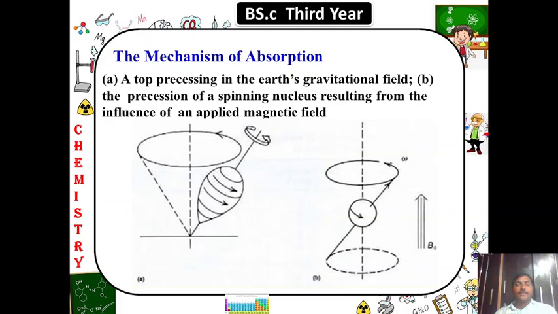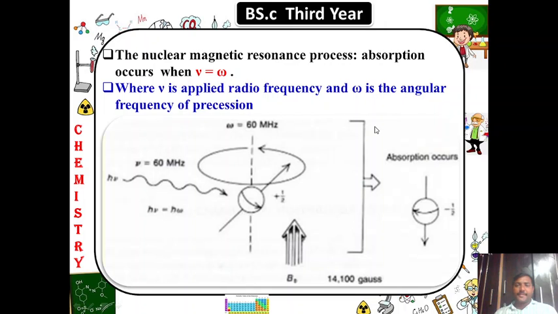The nucleus is spinning under the influence of the applied magnetic field, and it behaves like a tiny bar magnet, with a certain influence acting from top and bottom when the magnetic field is applied. NMR absorption occurs when nu is equal to omega, where nu is the applied radio frequency and omega is the angular frequency of precession, for example nu equal to 60 megahertz and omega equal to 60 megahertz.